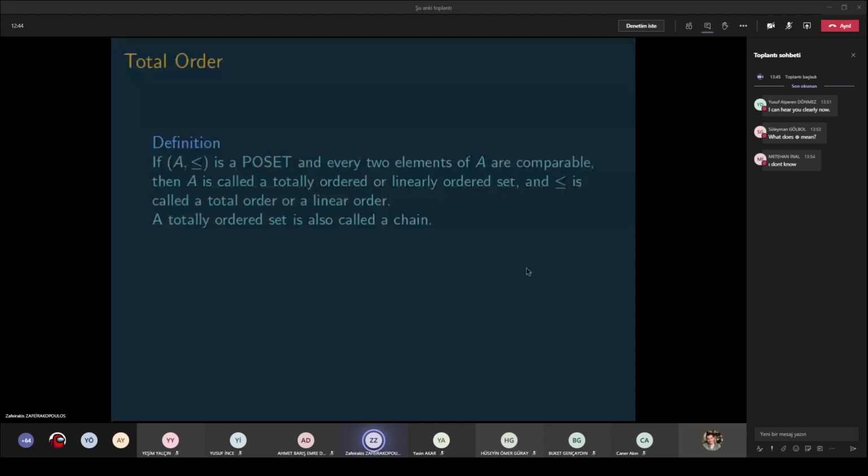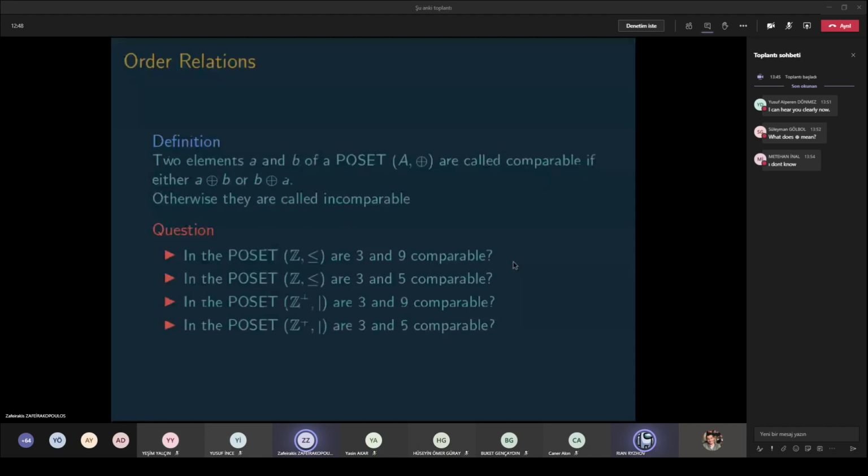Can I ask a question? About the previous slide? If there was not Z but R, rational numbers, would it be comparable? For the last one, yes, because everything divides everything else. So this is a trivial relation, right? Since everything divides everything else except for 0, all elements are comparable.